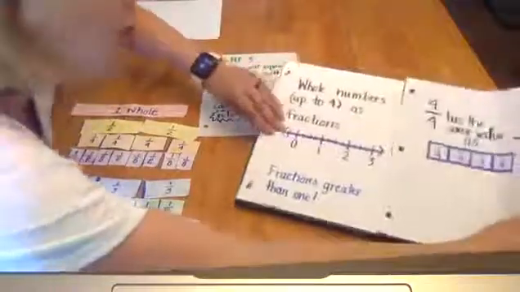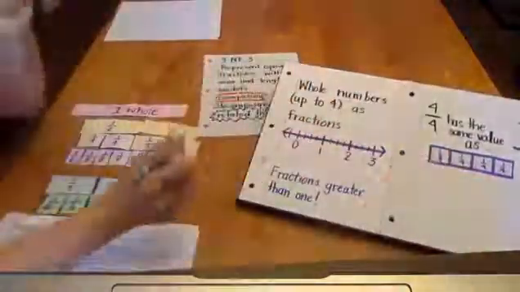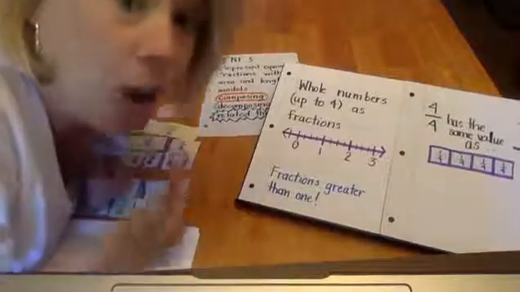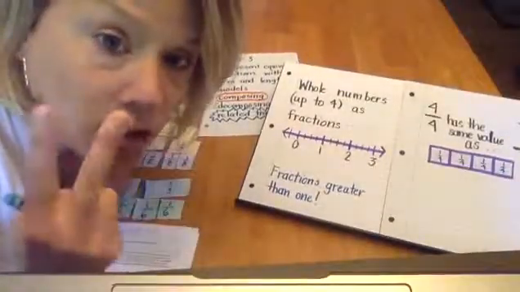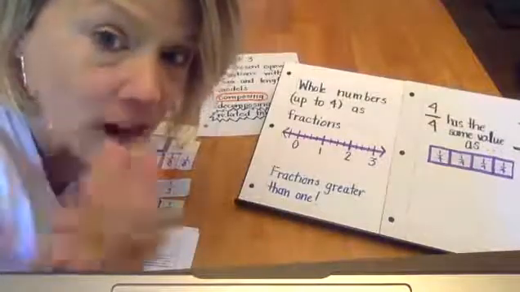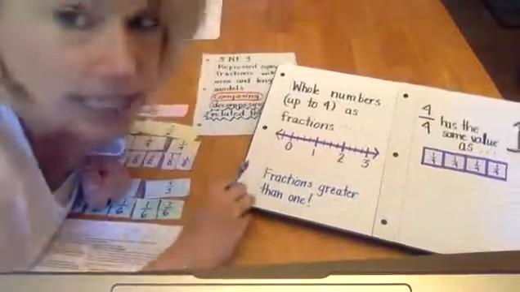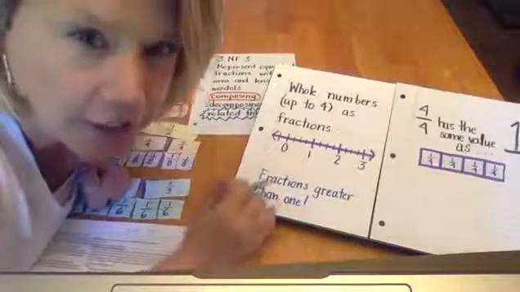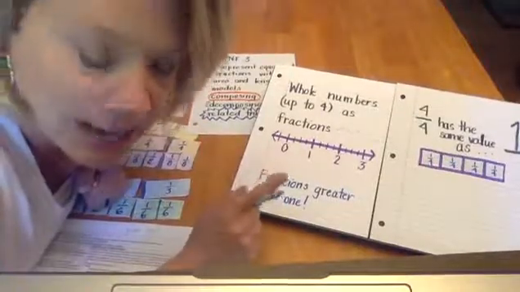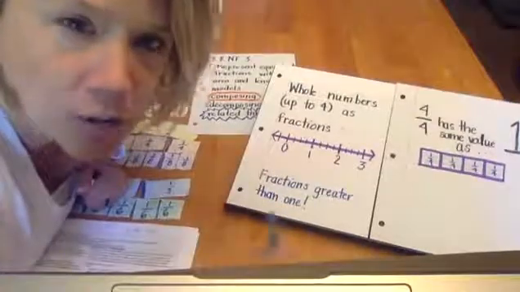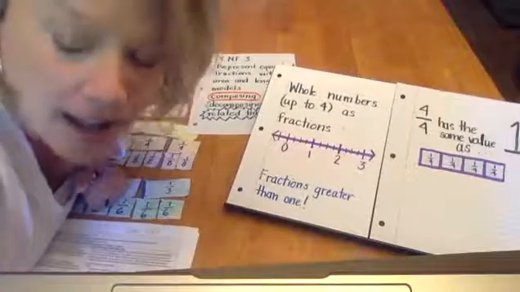In this standard, we also have to look at whole numbers only up to the whole number 4. So that means 0, 1, 2, 3, 4. And to me, Miss Street thinks this is very, very difficult, okay? So I'm going to try to explain it the best way that I can. But it's important for third graders to really lay this foundation.